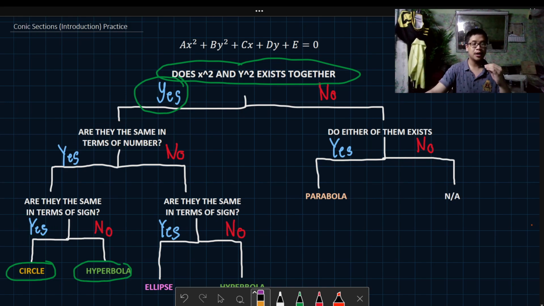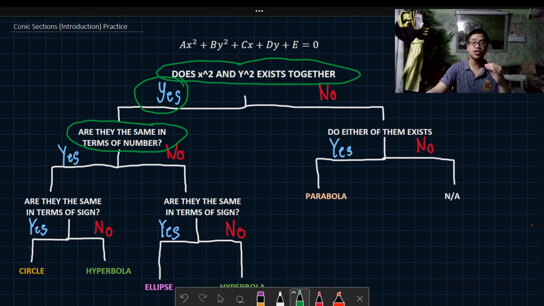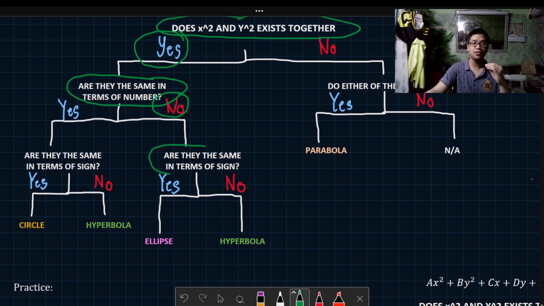Now, how about we go back to the second question to the left? Let's just say your answer here is no. Are they the same in terms of number? The answer is no. So here you will have the third question, which is just the same as this one.